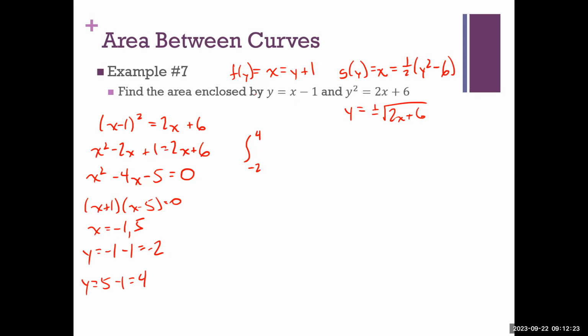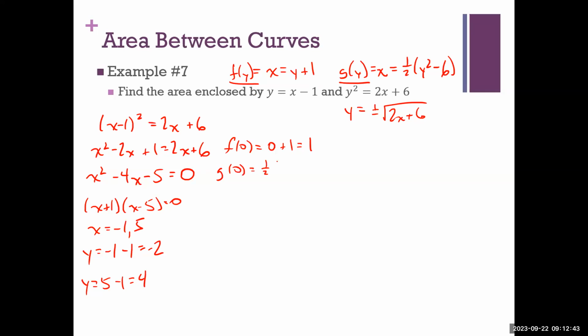I called these things f and g up here. So let's do this. Let's not set up the integral yet. What is f of 0? That should be 0 plus 1, so 1. What is g of 0?